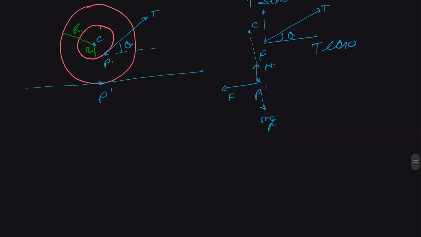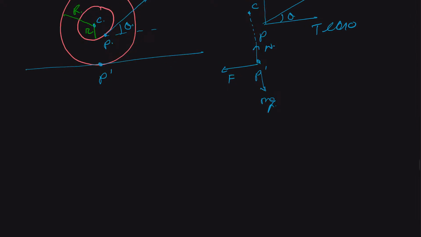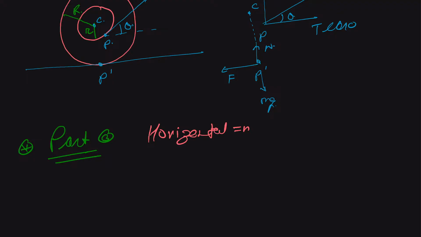And so we are going to solve part A. For our horizontal equilibrium, because everything is in equilibrium, we can say F minus T cos of theta is equal to 0, which means F is equal to T cos of theta.